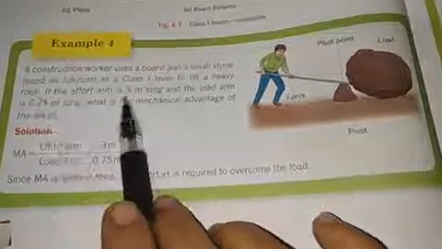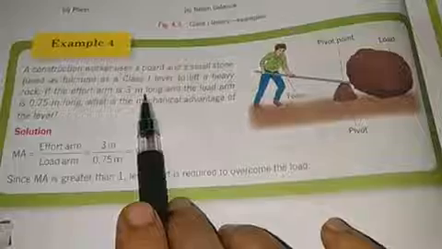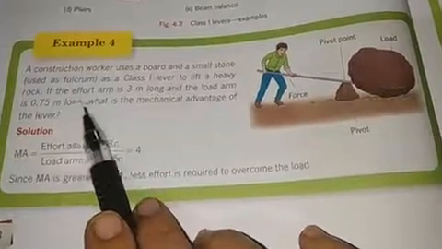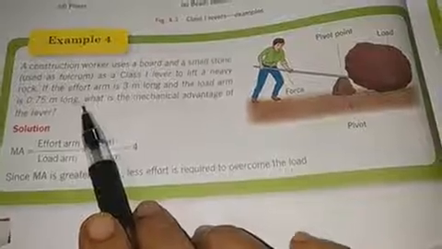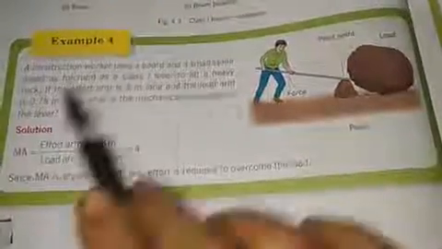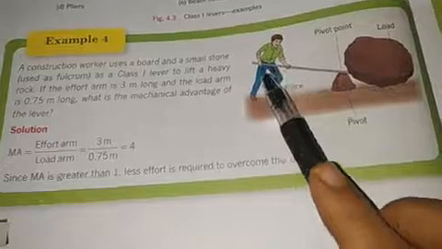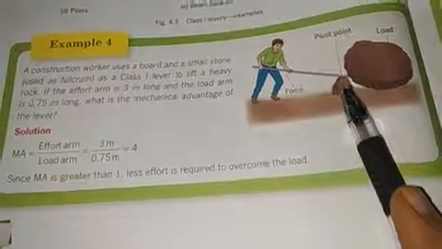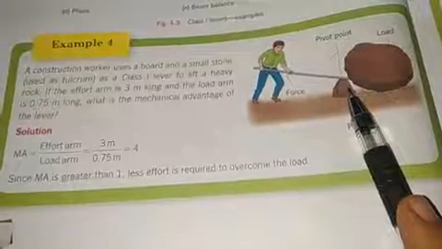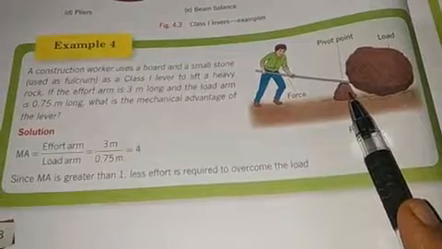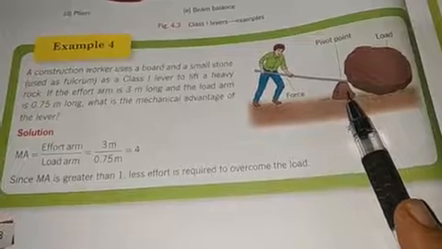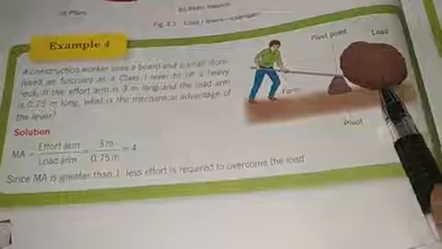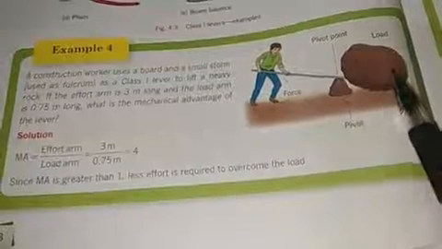If the effort arm is 3 meter long and the load arm is 0.75 meter long, what is the mechanical advantage of the lever? So here you can see a rod, that is the lever, and the small stone is considered the fulcrum. Then this is the load. He is trying to lift this heavy load.